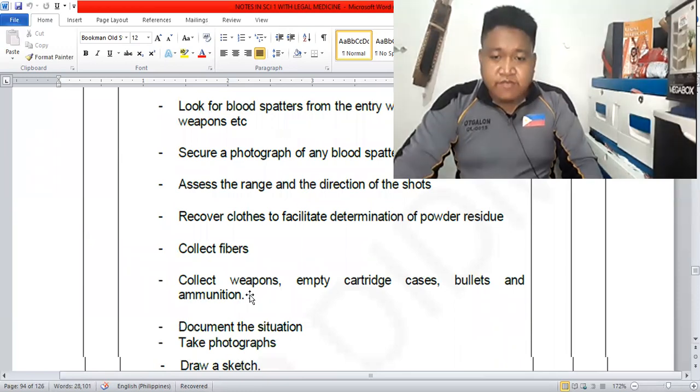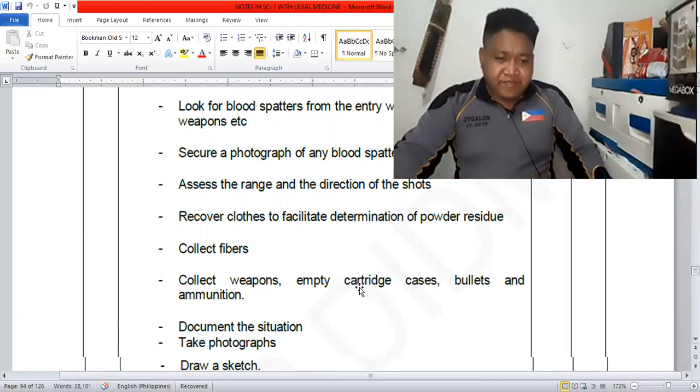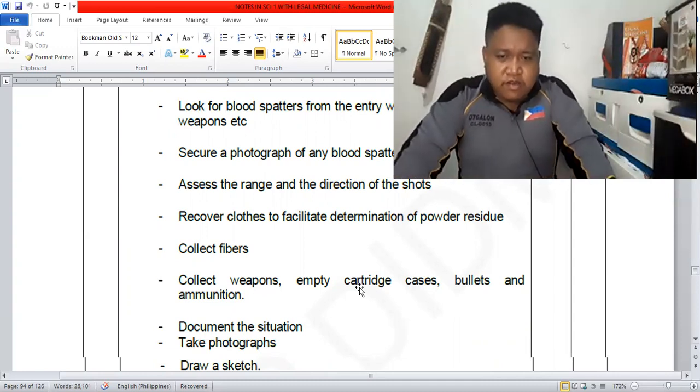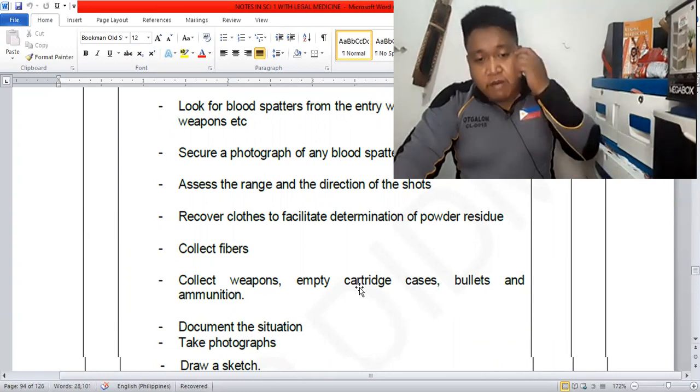What is ammunition? That is a complete set comprising of bullet, cases, and primer. If I will ask you what are the parts of an ammunition, we have the bullet, cartridge case, and primer. And gunpowder, I should say.